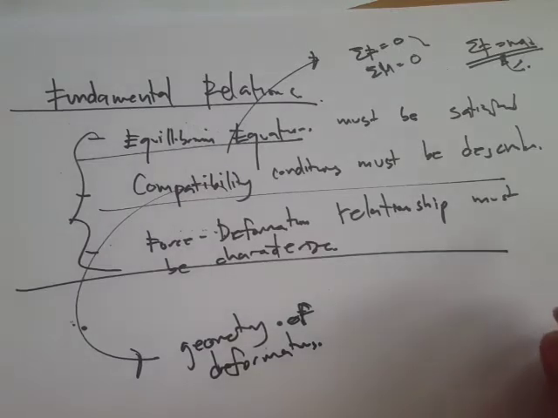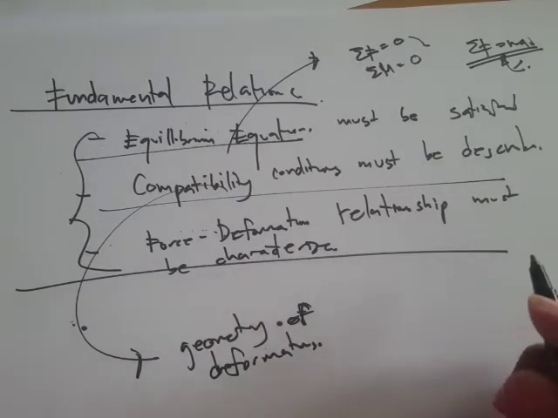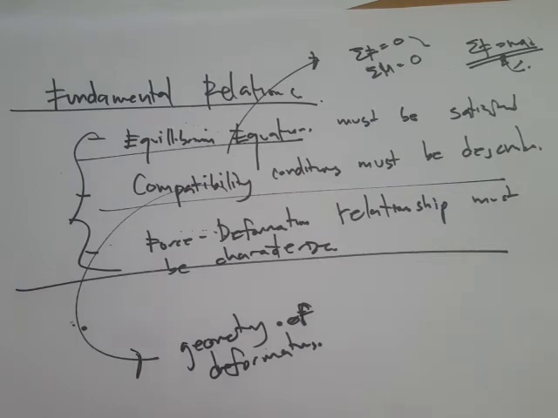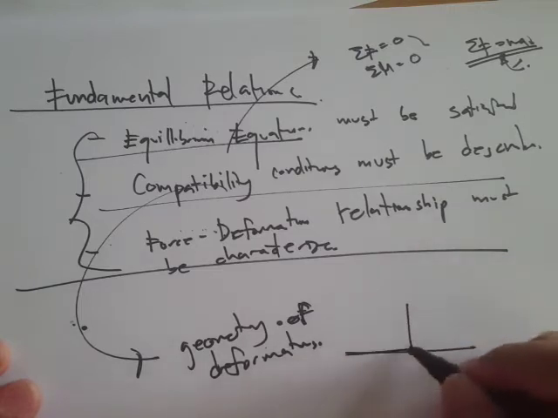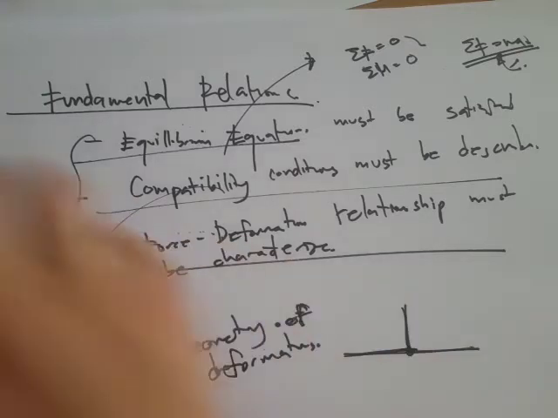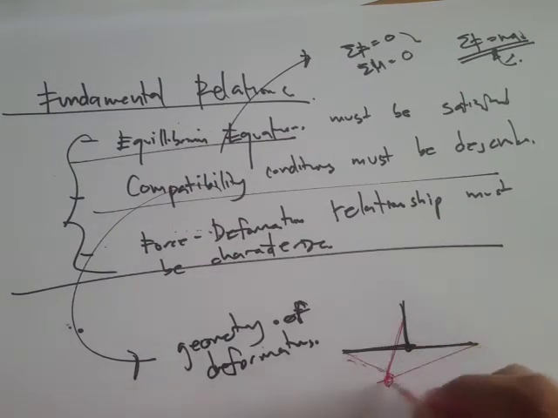We can say that the deformed geometry must still fit, for example, if it's a pin joint, like in trusses. I'll just draw it like this. Let's say the deformed shape is like this and it moved to here at this point, so that must still be connected, three of them, right?